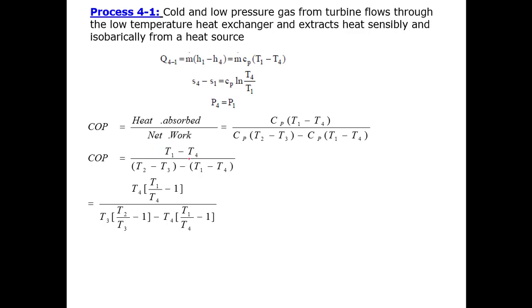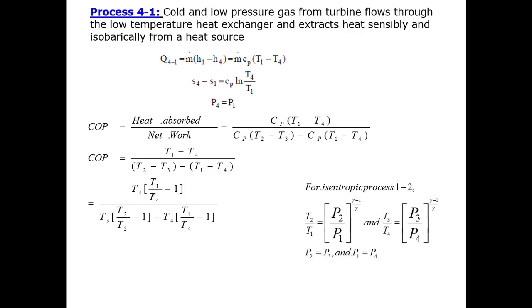For the Otto cycle, we take common T4. Similarly, from the denominator we take common T3. Similarly, we take T4 common, right? And we know these are equal. This ratio is equal to this ratio, equal to this ratio, because we know that P2 is equal to P3, similarly P1 is equal to P4.